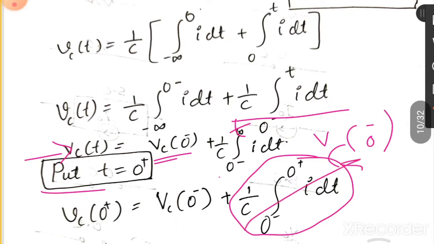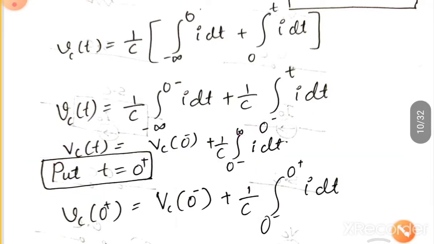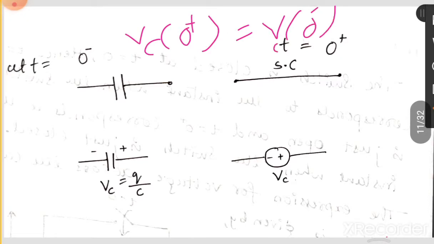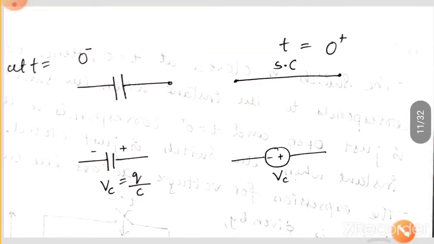Nothing, so this term goes to 0. Then we can easily say that Vc of 0 plus will be equal to Vc of 0 minus, which means the voltage across a capacitor will not change instantly, whether you are closing the switch or opening the switch.